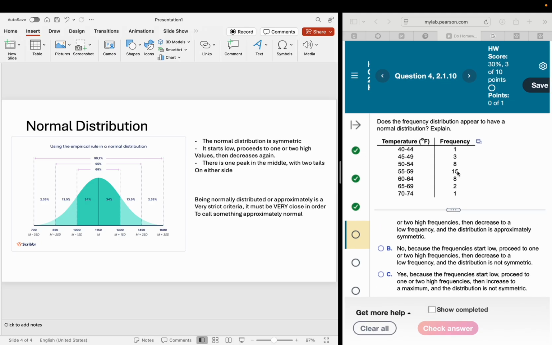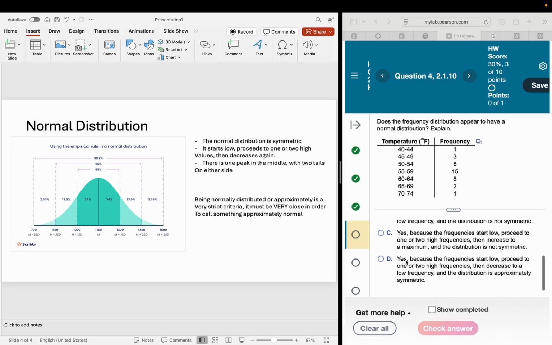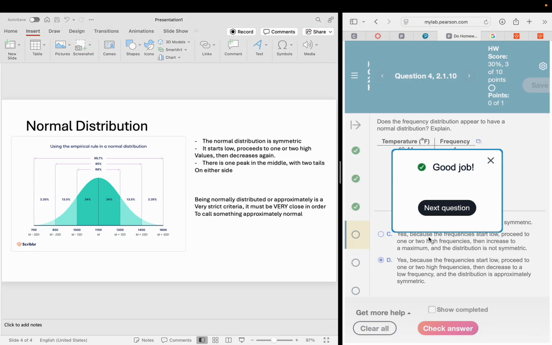It's got the one peak in the middle, and it's decreasing to the left, the lower values. It's decreasing from the right for the upper values. And so we also get these wordings in here. So it starts low, proceeds to 1 or 2 high frequencies, and then that one says increases, but that's not right. We want to start low, proceed to 1 or 2 high, and then decrease, and we want to be symmetric. Awesome.